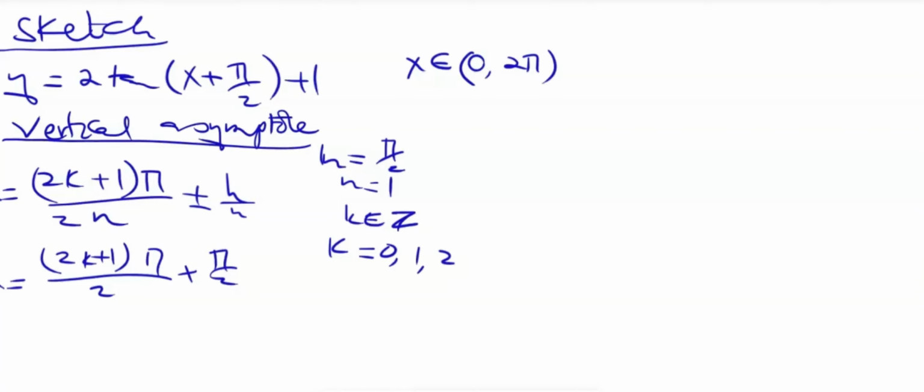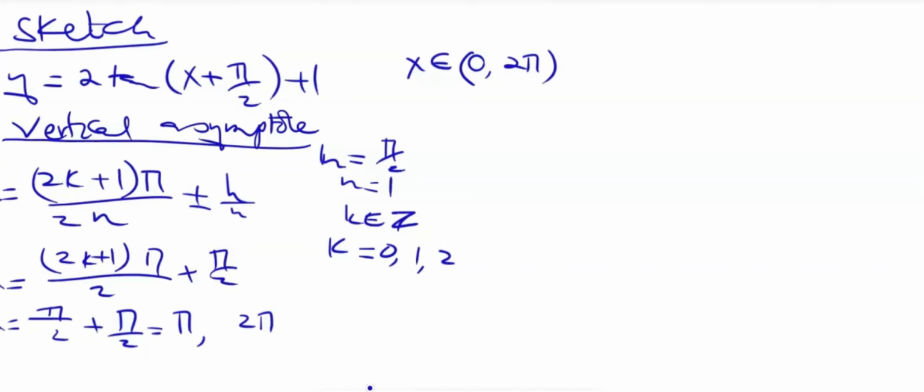If I substitute 0 in there, that gives me pi. And if I substitute 1 there, that's going to be 2 pi. So that forms a vertical asymptote at 2 pi.